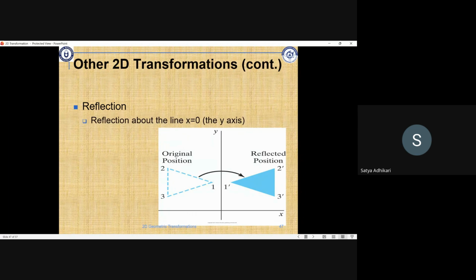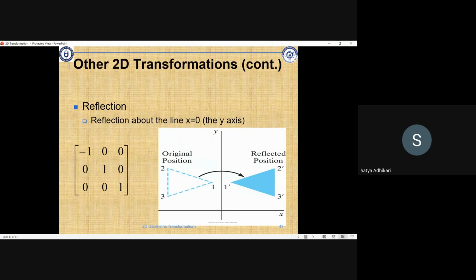This is a reflection about the line x equal to 0, the y-axis. No doubt we will get a different reflection matrix for the y-axis.